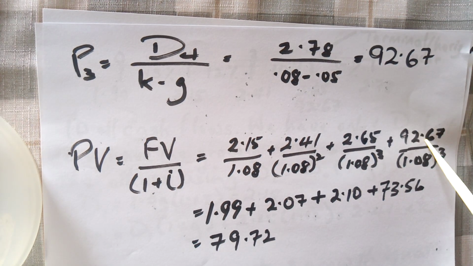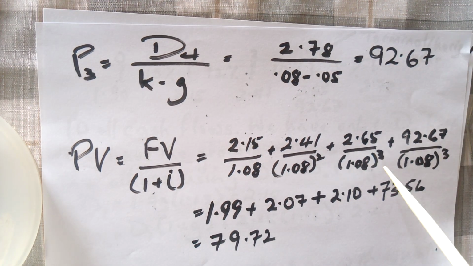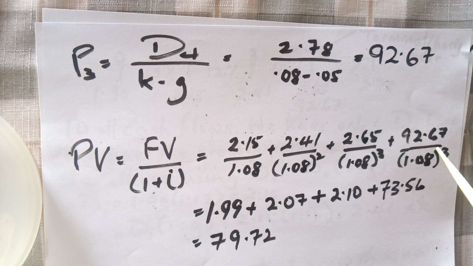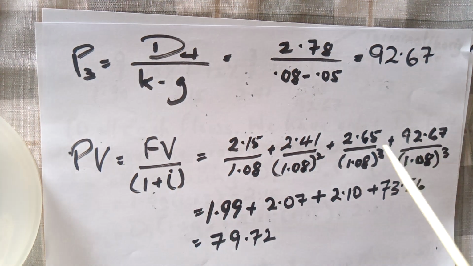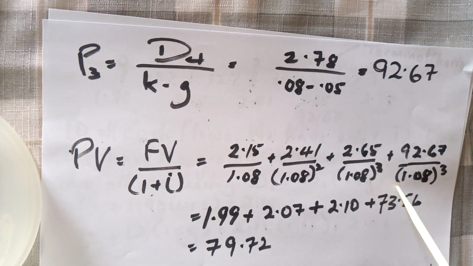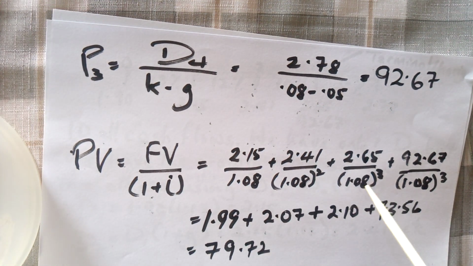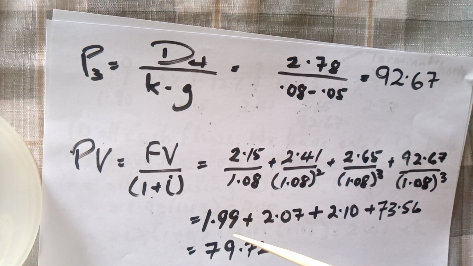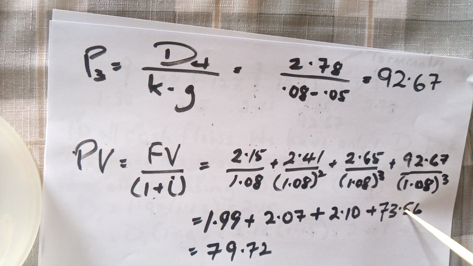And in this one, which is also a year 3 cash flow, you'll notice n is 3 in both cases. In this one, we have everything after year 3. And so we could have just added these together and discounted them in one go using 1.08 to the 3. But we separate them just because we are going through it for the first time. So we discount them all, and we have gotten the discounted values here.